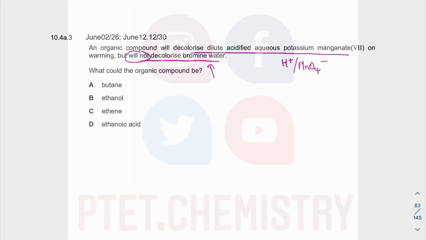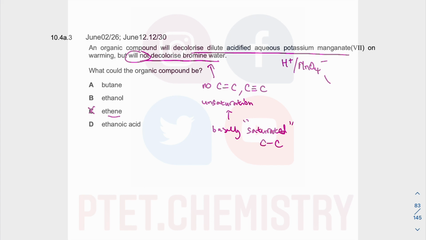So you have no unsaturation. Well, I suppose you can also talk about no alkyne as well. So basically, we are looking at a saturated compound where everything we have is just carbon-carbon single. You cannot do addition. Ethene you can cross out.